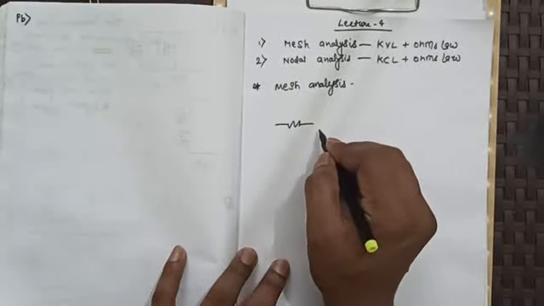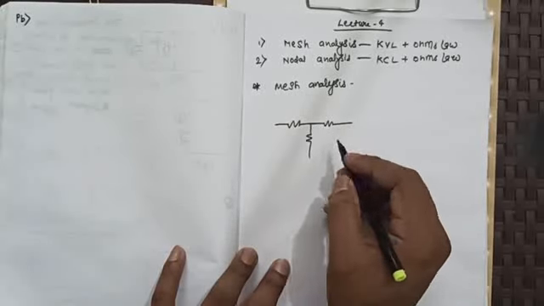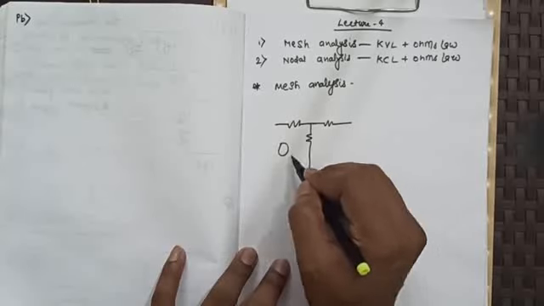This is one resistor, this is second resistor. Let us say here it is a voltage source.